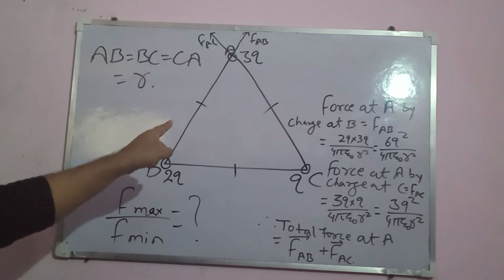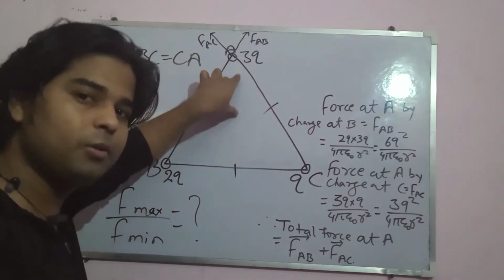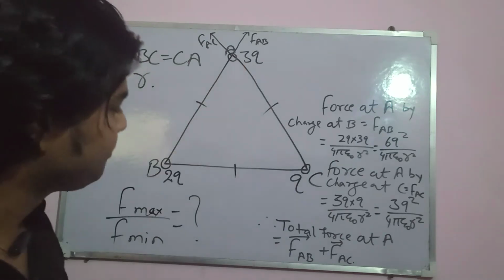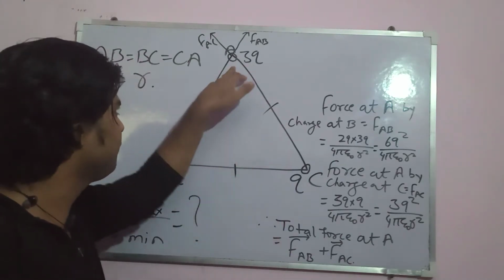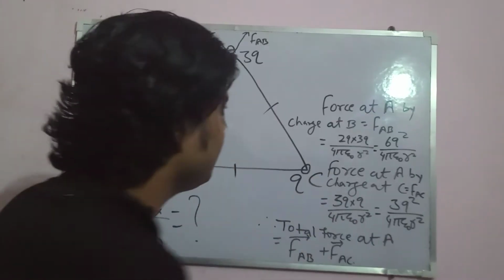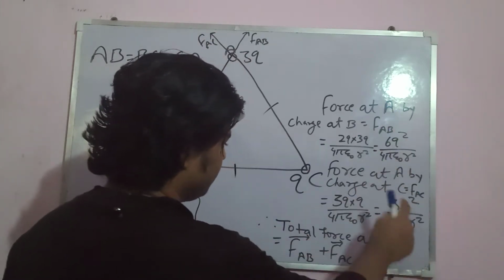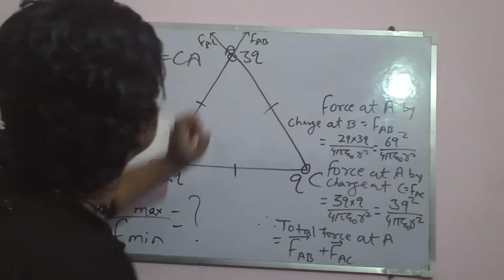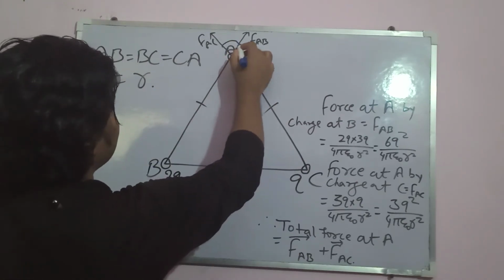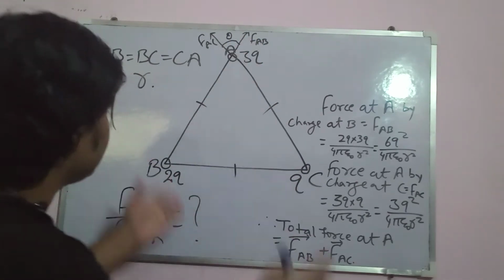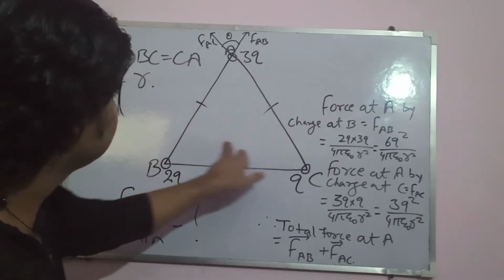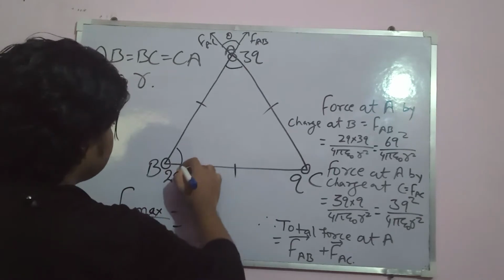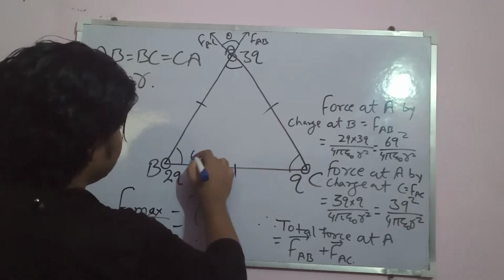Notice here, we must be careful while determining the direction of the forces. Now the total force at A will be the vector addition of these two forces. For the vector addition of these two forces, I need this angle. As I know this is an equilateral triangle, so this angle, this angle, this angle are 60 degrees each.